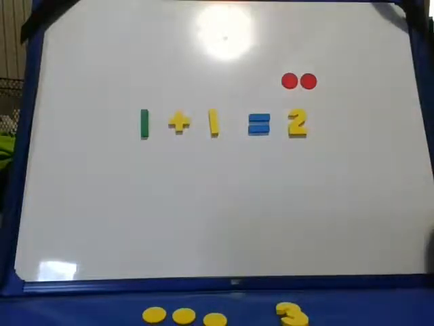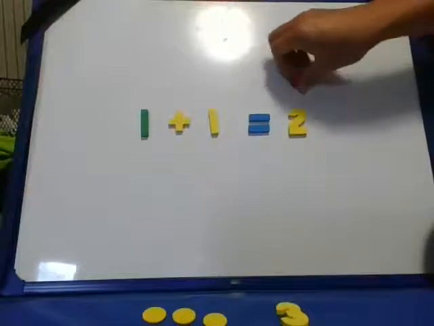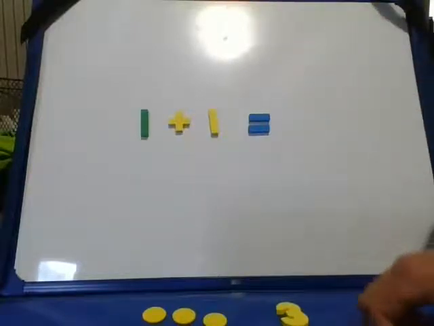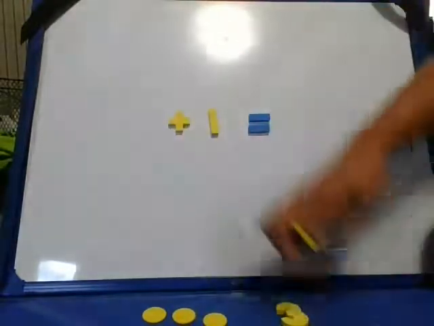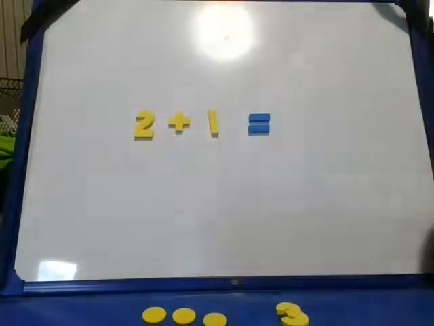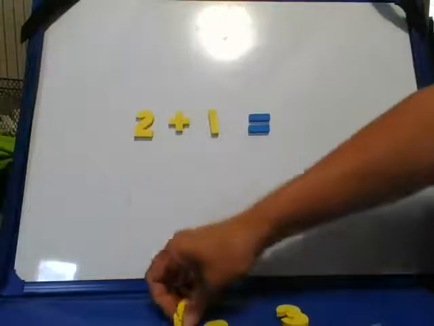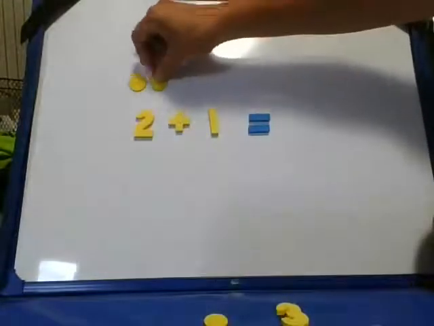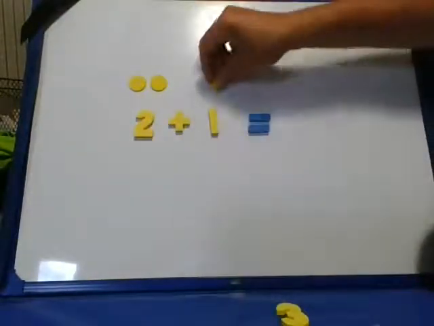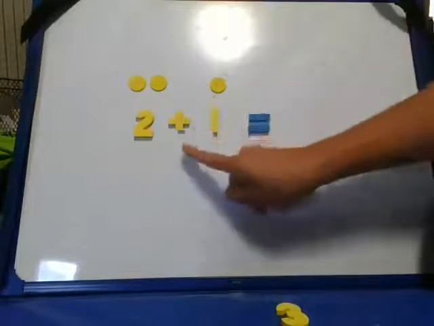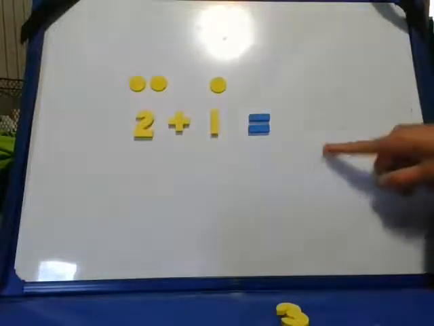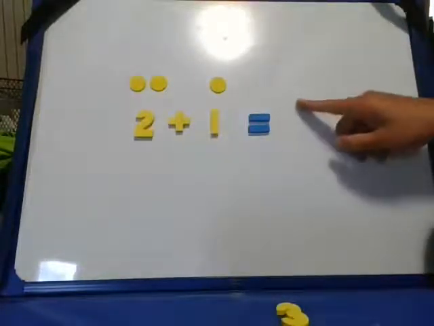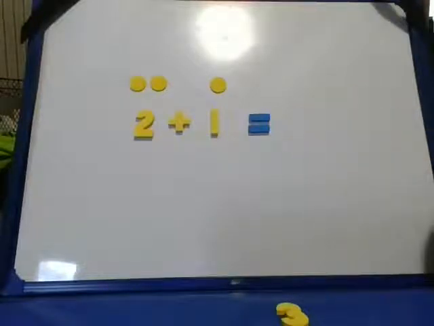Let's move on to the next example. The next example that we have on our page is this equation right here. It also has some objects that match those numbers within the equation. 2 plus 1 equals, and we need to figure out how much 2 and 1 together are.